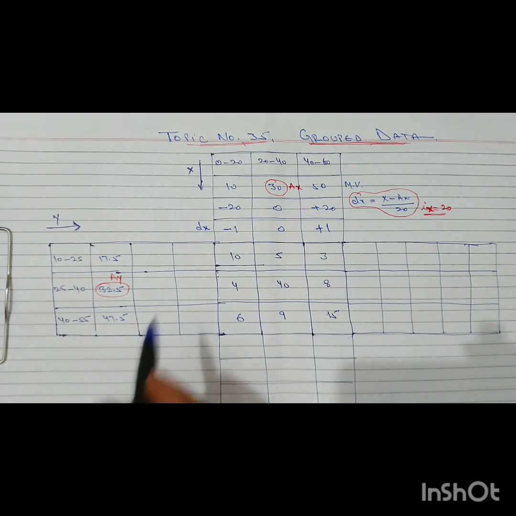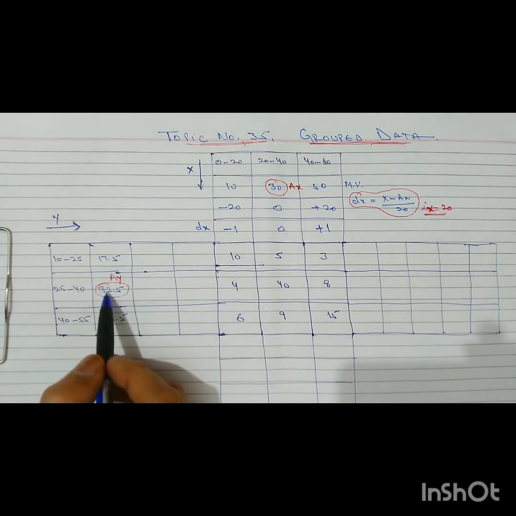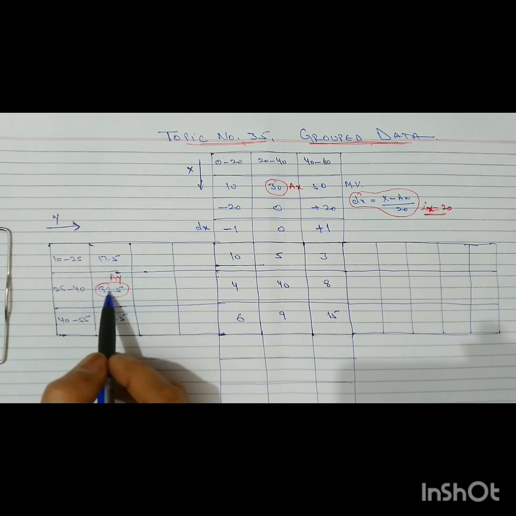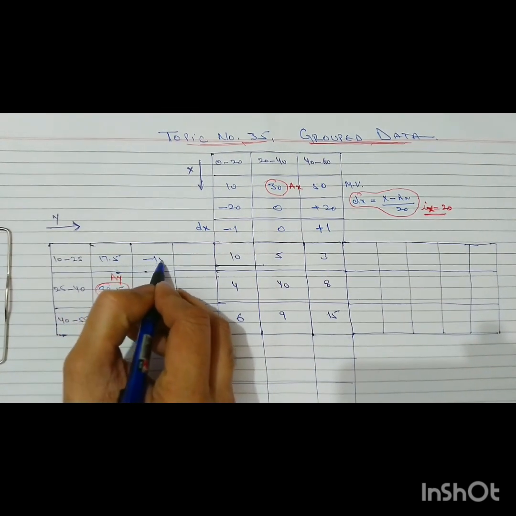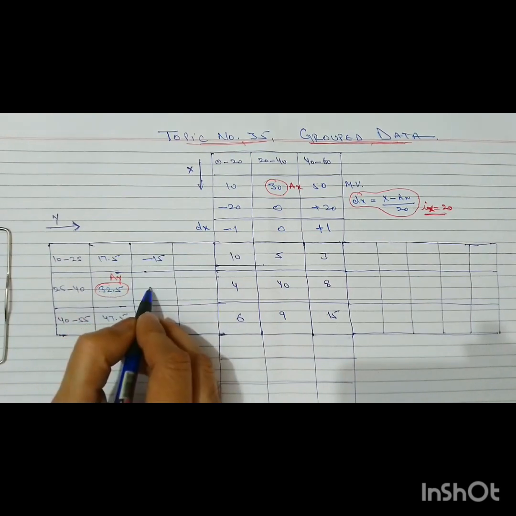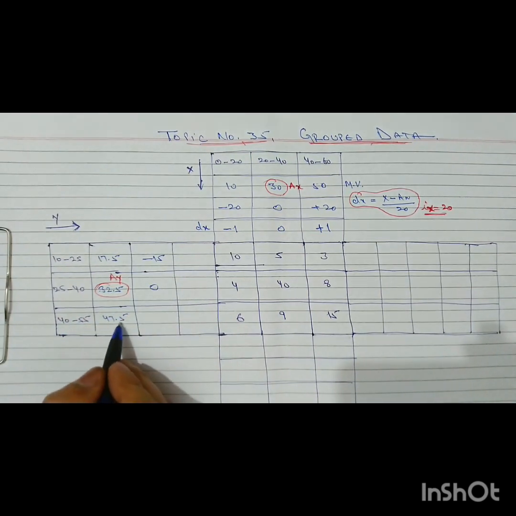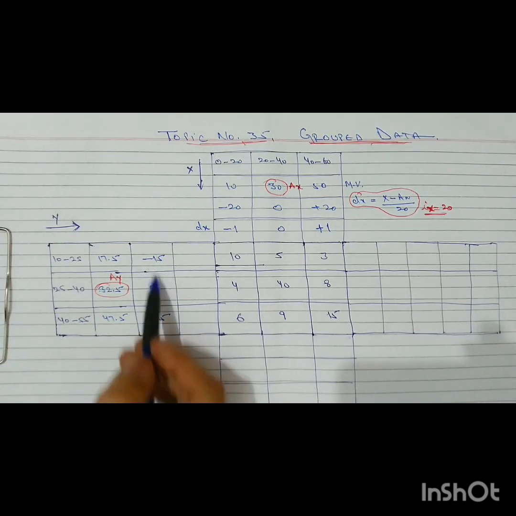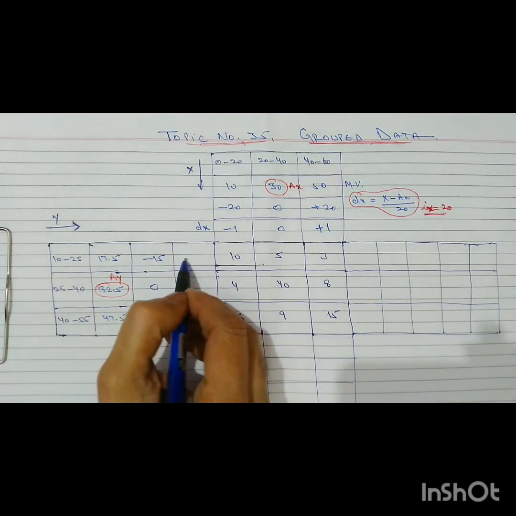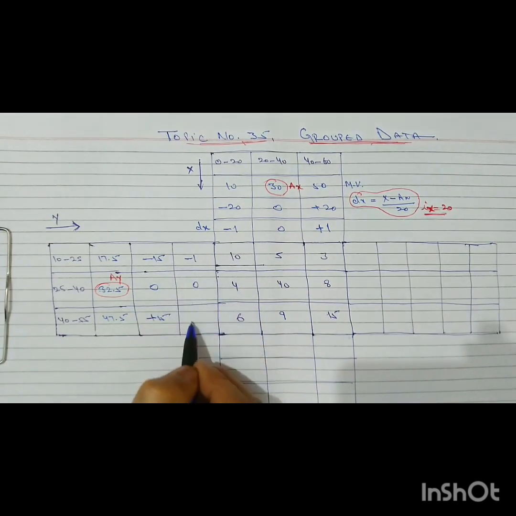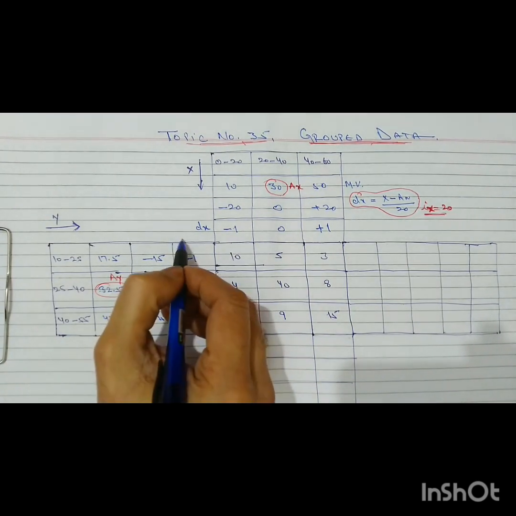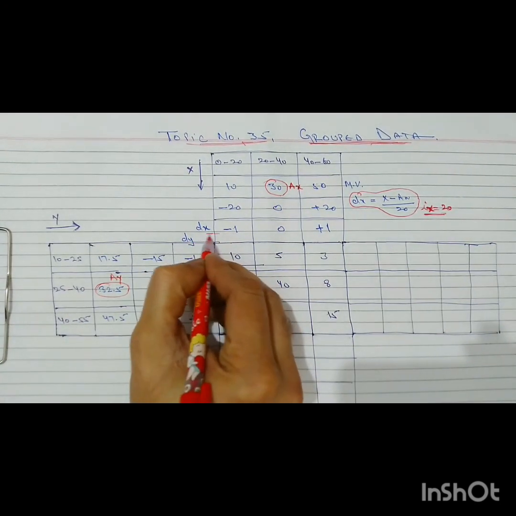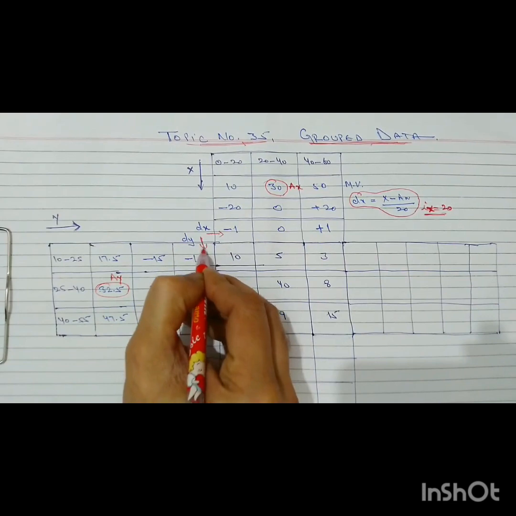Then find the deviations from the assumed mean: 17.5 minus 32.5 is minus 15. 32.5 minus 32.5 is 0. 47.5 minus 32.5 is plus 15. Now take 15 as a common factor, leaving minus 1, 0 and plus 1. This is dy, and this is dx.